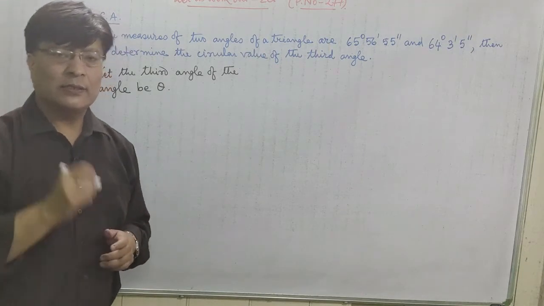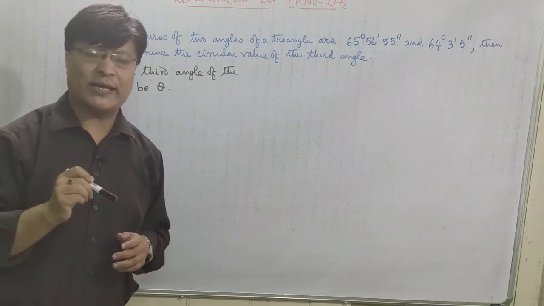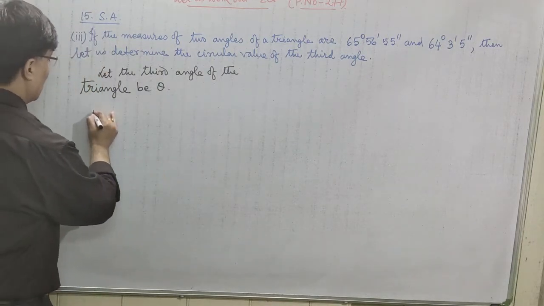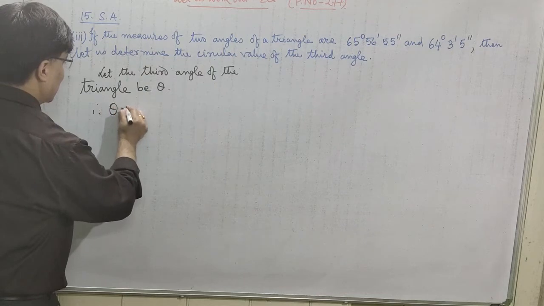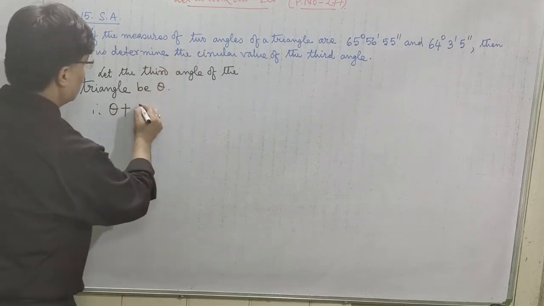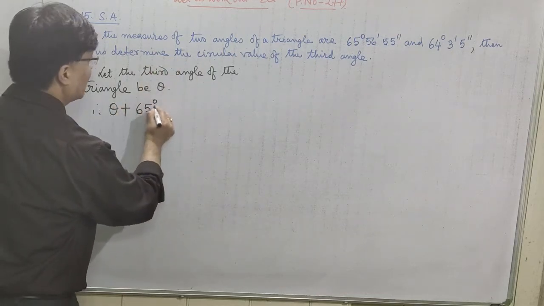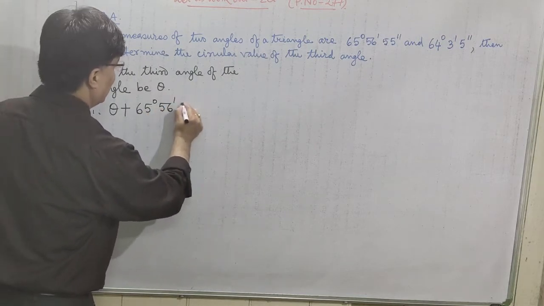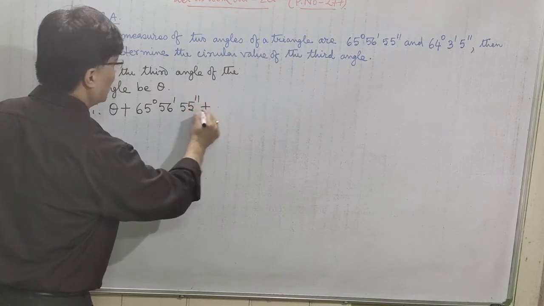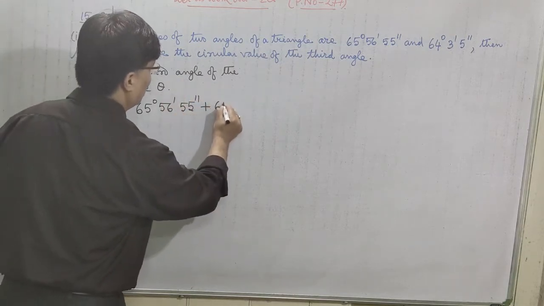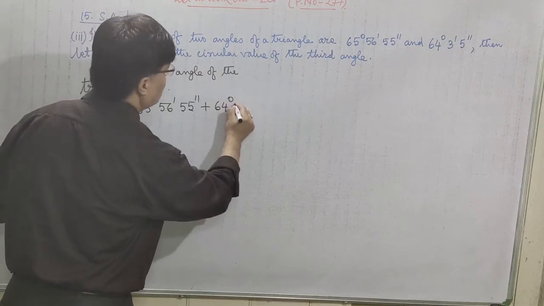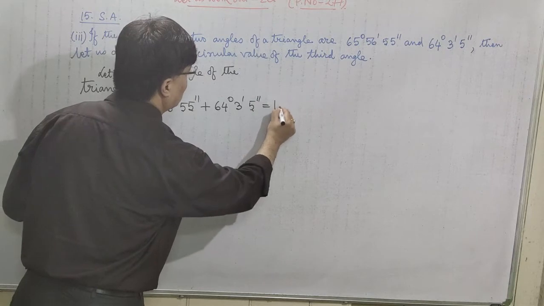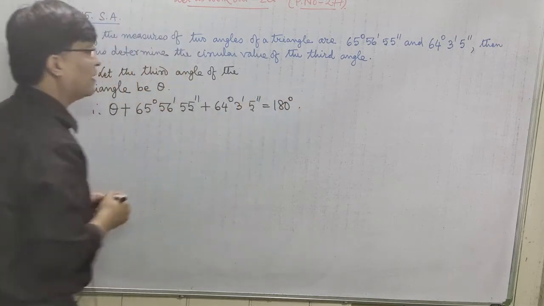And you know that the sum of the three angles of a triangle is what? It is 180 degrees, right? So let us write down the third angle first. Theta plus, what are the other two angles? It is 65 degrees 56 minutes 55 seconds plus 64 degrees 3 minutes and 5 seconds, which is equal to 180 degrees, the sum of the three angles of a triangle.